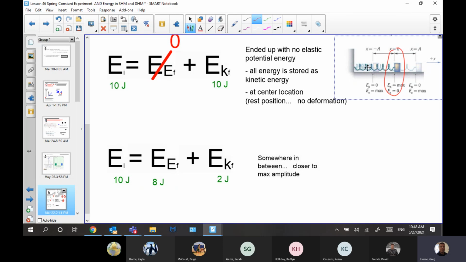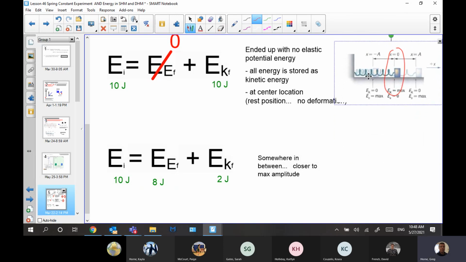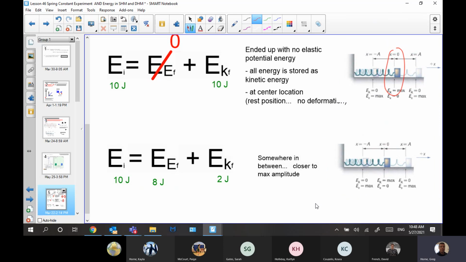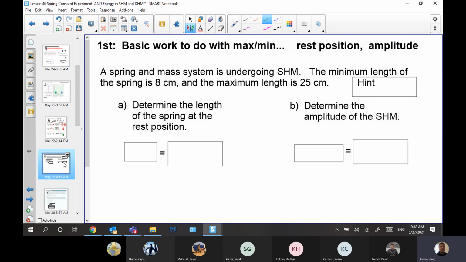So that would be somewhere in here, possibly like here and here. Somewhere in between, but closer to the max amplitude side of things. Anyways, you get the idea? You've got this energy bouncing back and forth, right?